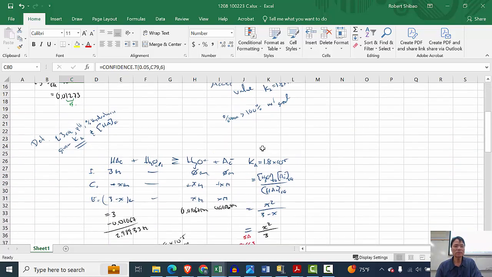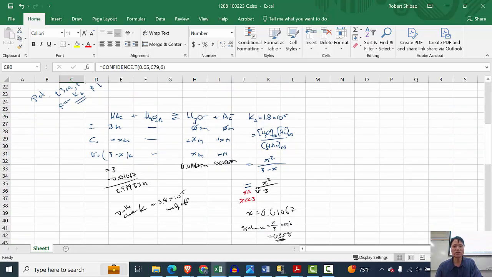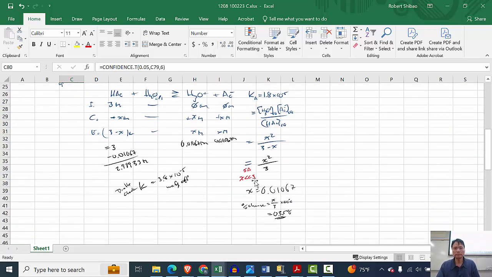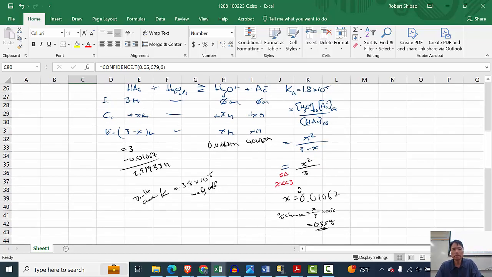The second calculation will be determine the equilibrium concentrations. Here, let me just say that when you have a very small percent change, like a percent change that's much less than 1, then it makes very little difference.